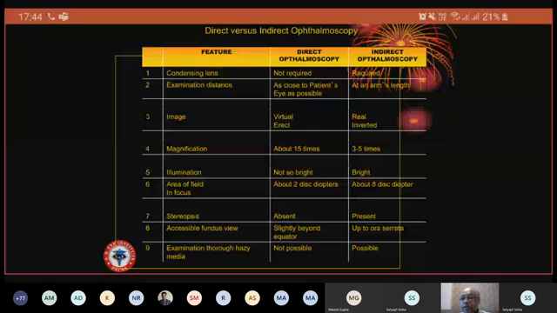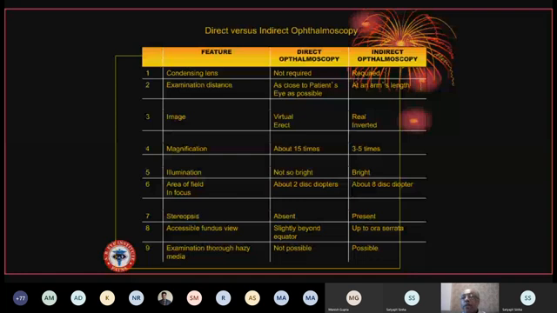Yes, sir, but even on 78D, how to identify? So he's following up on that question. If you're looking at the 78D, you will see a shiny reflex if it's a minimal membrane. If it's a thick membrane and very obvious, you can see a gliotic white sheet over there. You will see the whitening, and you will see the vessels a little bit wrinkled.